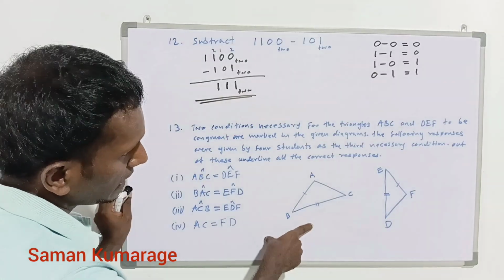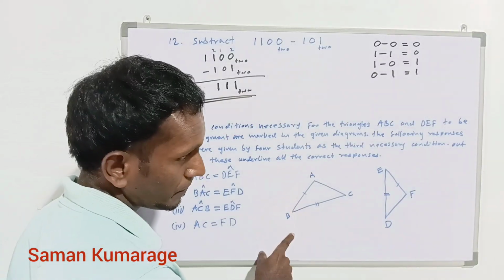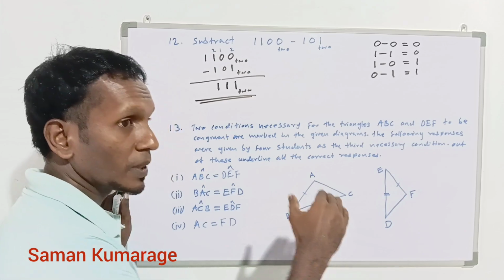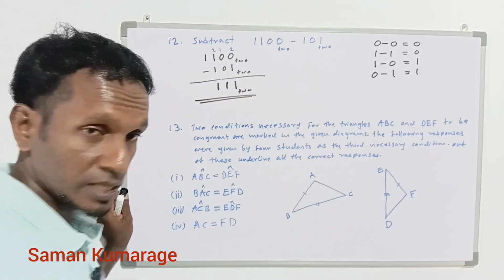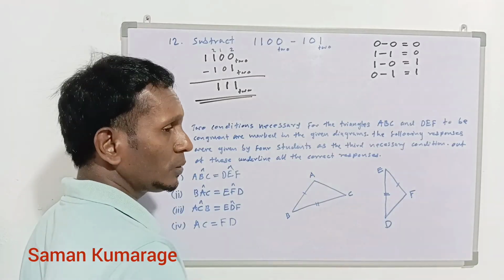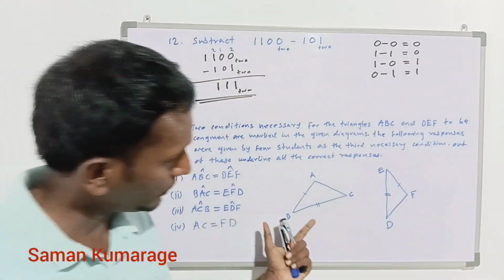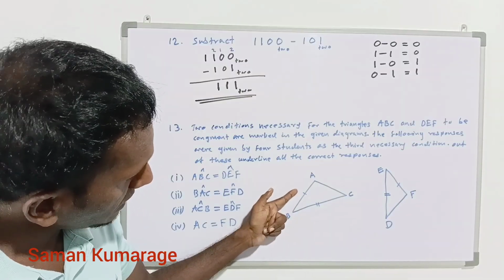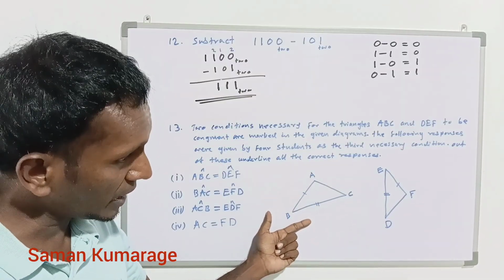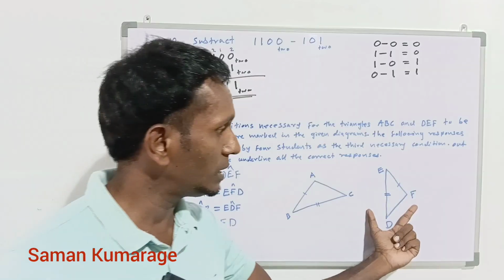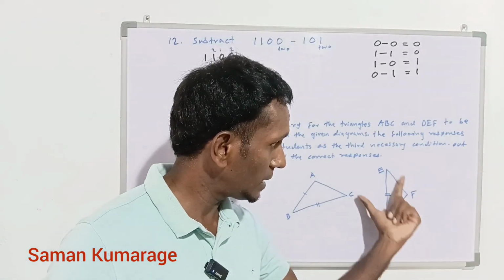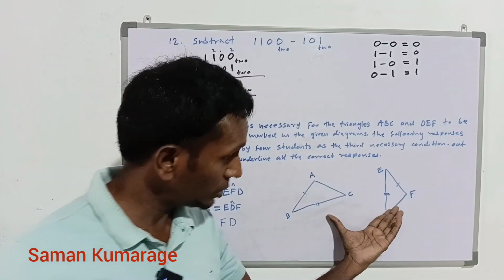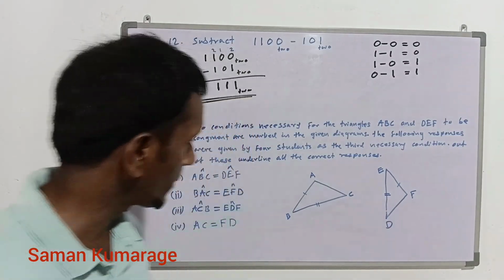We know that SAS congruence is the fifth theorem we have studied. According to the fifth theorem, if two sides and included angle of one triangle is equal to the two sides and included angle of another triangle, those two triangles are congruent.